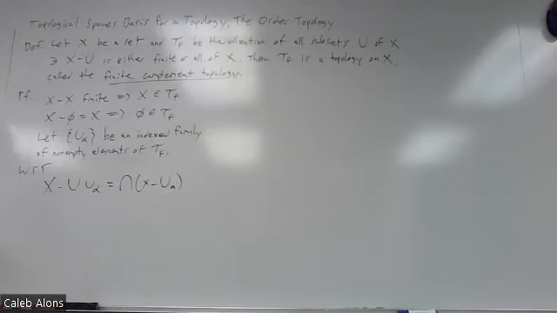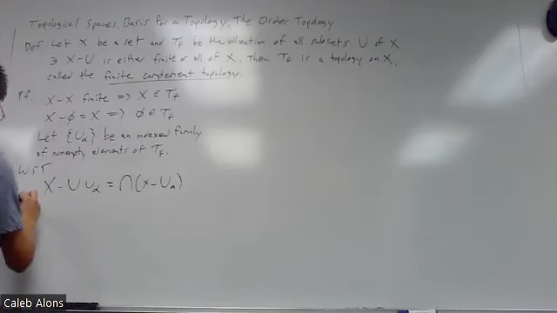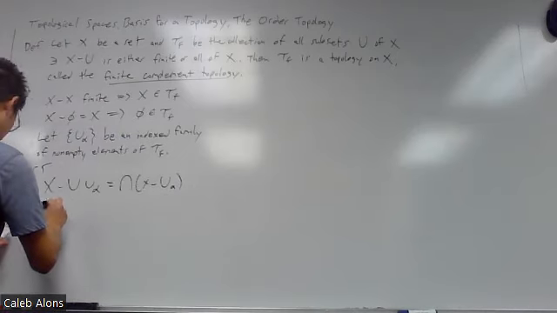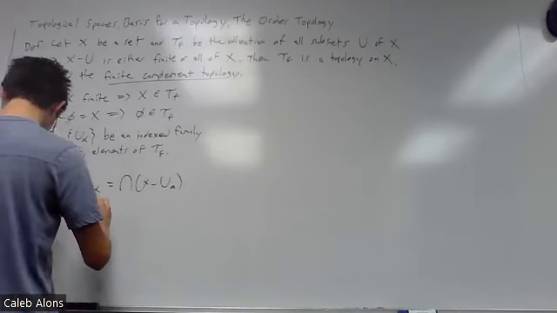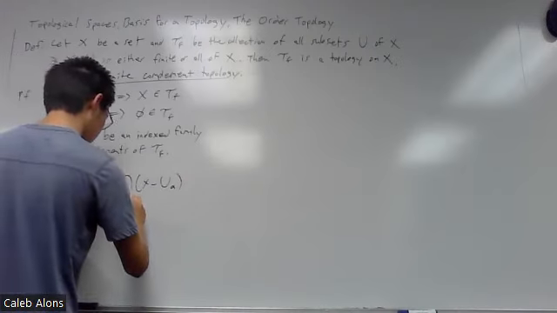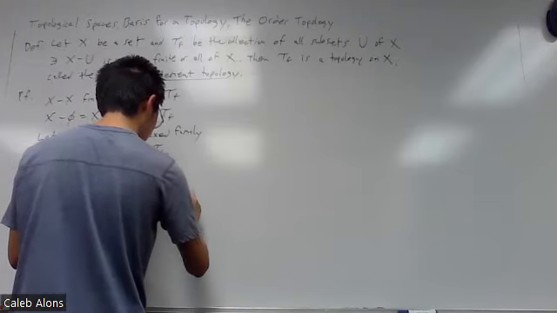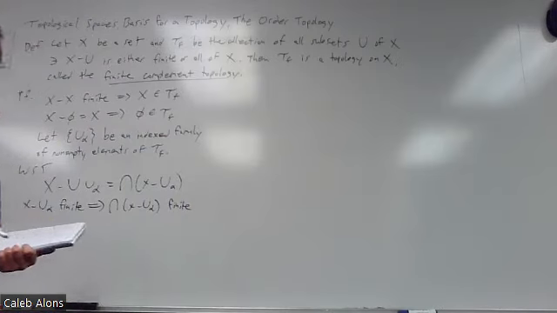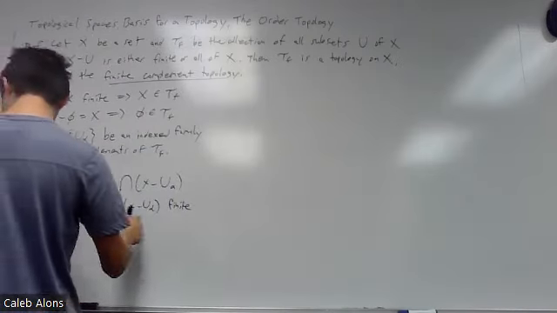What's nice is that we know this intersection is finite, because X minus U_alpha is finite. The intersection of the X minus U_alpha is finite, because we proved intersections of finite sets are finite in the previous one, I think that's two weeks ago.